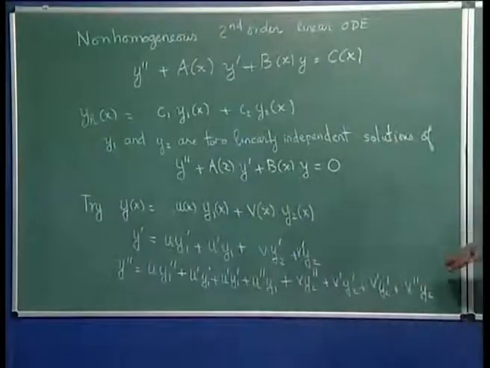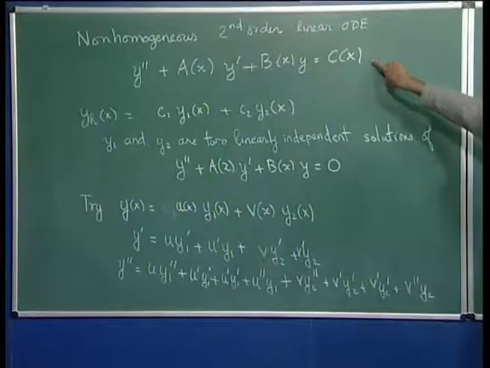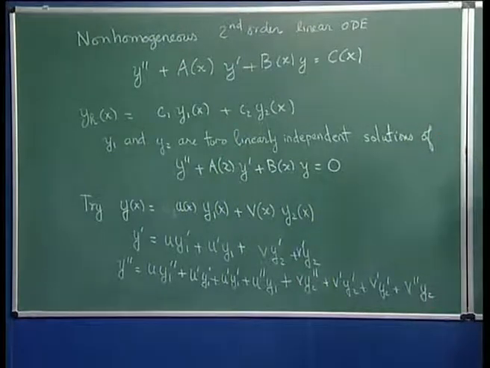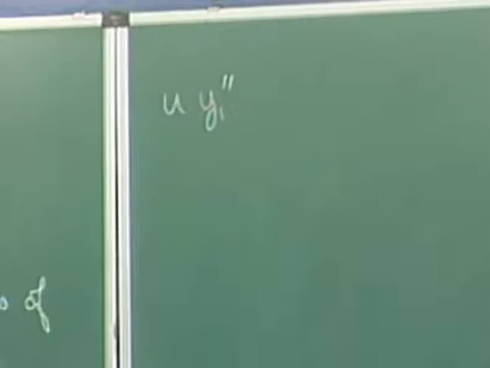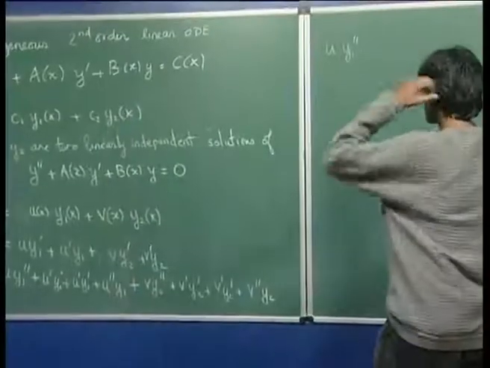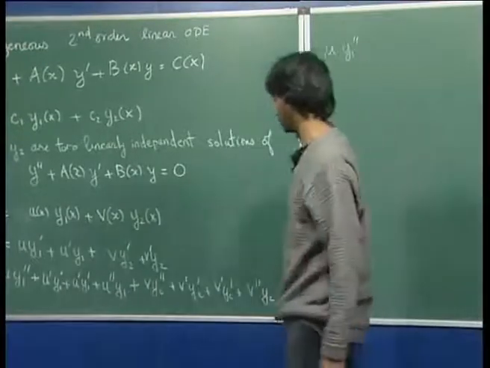When I substitute this form into the non-homogeneous equation, I will collect the terms that are proportional to u.